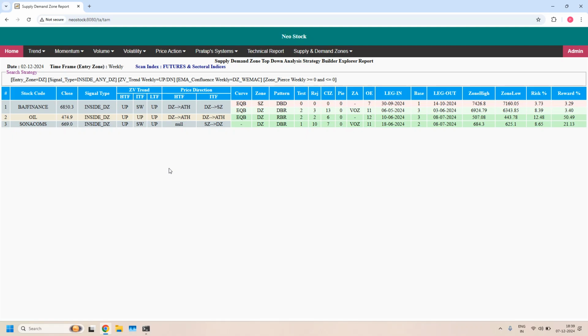The zones having weekly EMA Confluence on monthly time frame, weekly time frame, or daily time frame should be used as HTF zones or ITF zones. And then you prepare your trade plans, either bullish trade setup or bearish trade setup or counter trend trade setup. Such kind of plans you will prepare. That way these zones will be helpful to you.